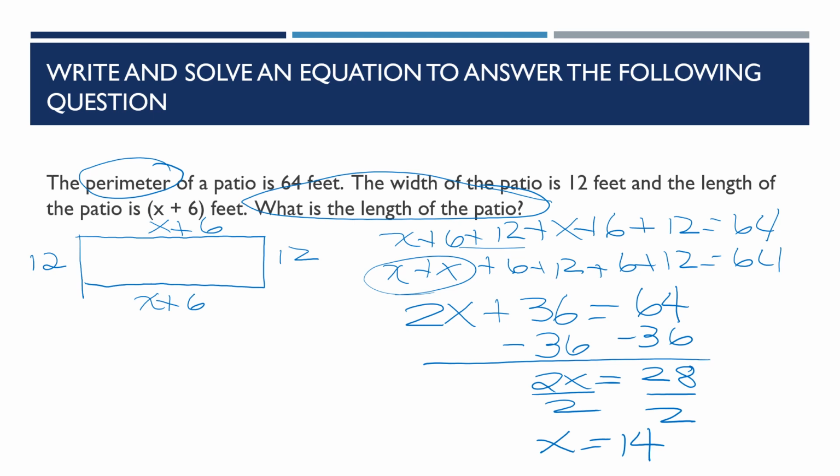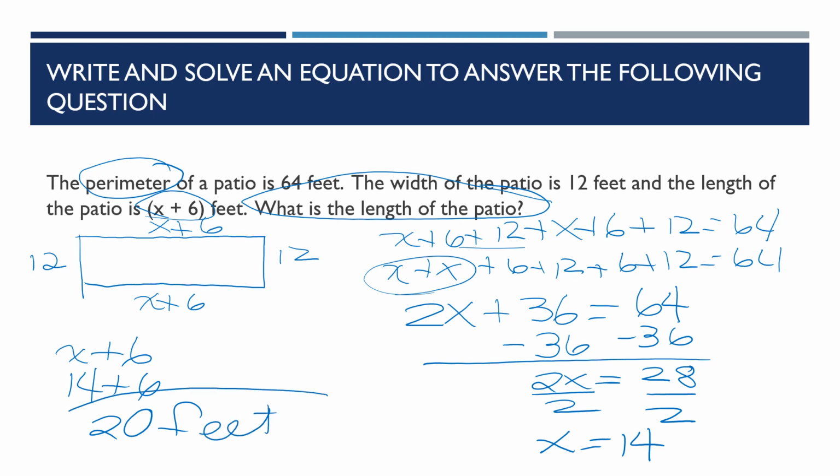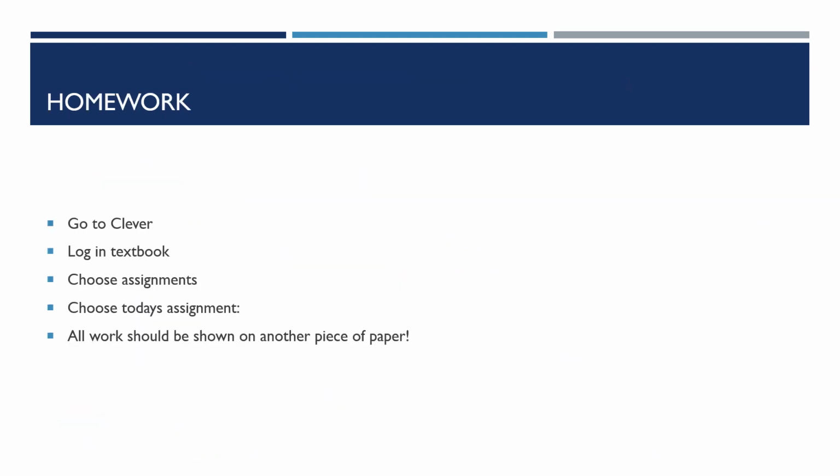So the length of our patio is x plus 6. So that means I've got to take my 14 and put it back into this expression. So 14 plus 6 is 20, and it's 20 feet. And if we've got a label, we're going to label it.